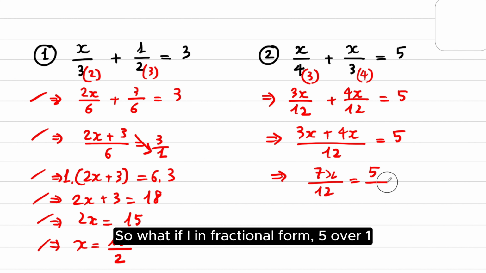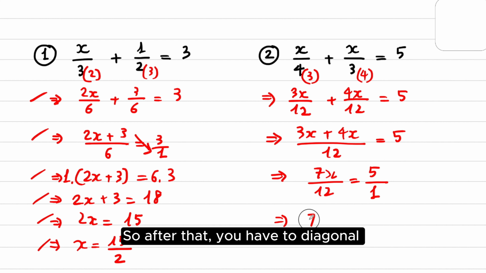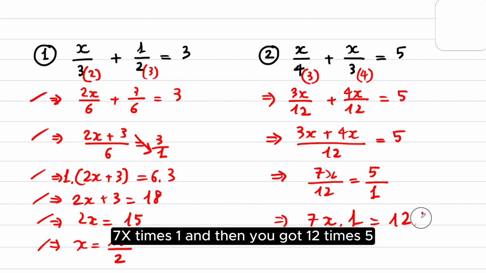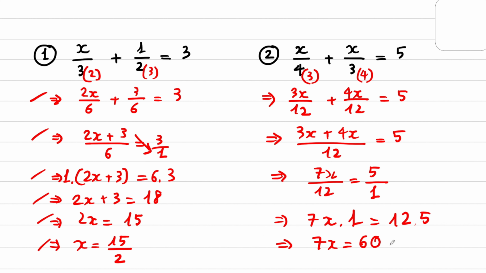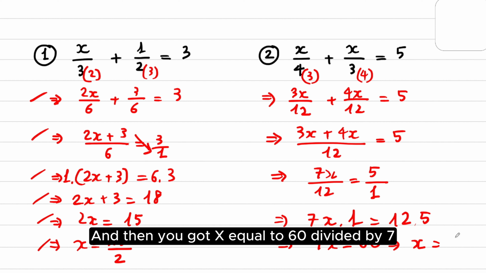So what if I write 5 in fractional form as 5 over 1? After that you have to do the diagonal: 7 times 1, and then you got 12 times 5. So 12 times 5 is 60. So 7x equal to 60, and then you got x equal to 60 divided by 7.